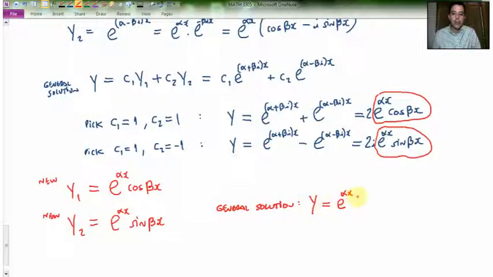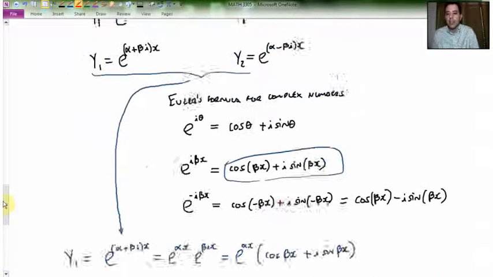Just add those two, right? If you make linear combinations, C1 cosine beta x plus C2 sine beta x.